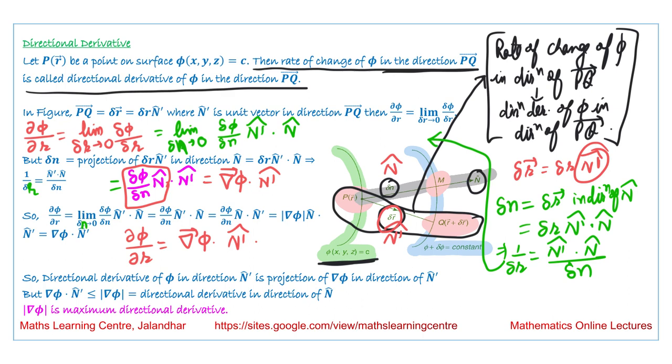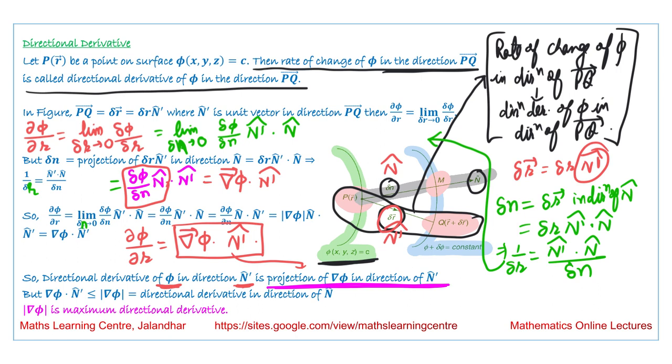So the directional derivative of phi in the direction of n dash, what does this represent? It represents the projection of del phi in direction of the radius, the PQ vector.